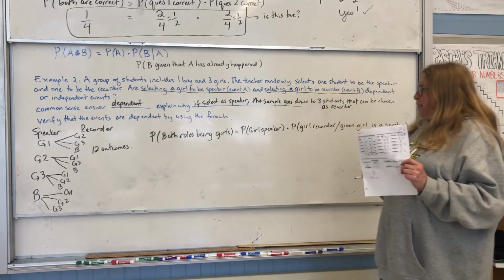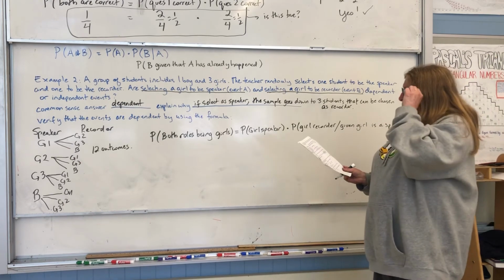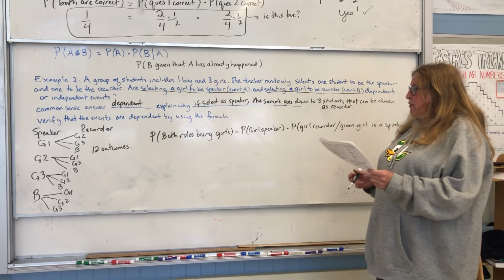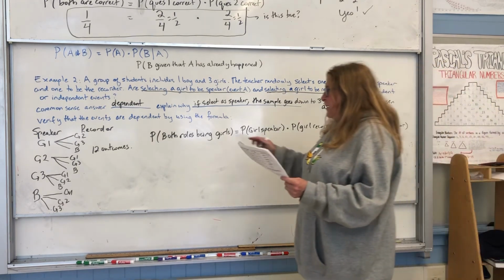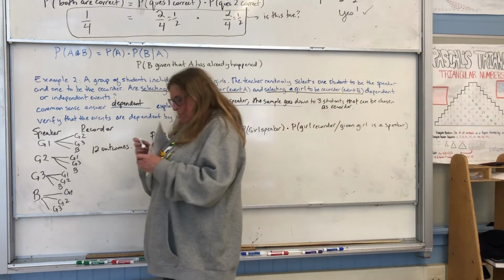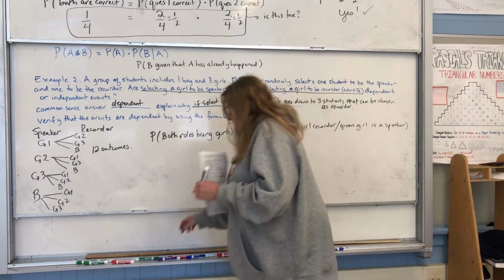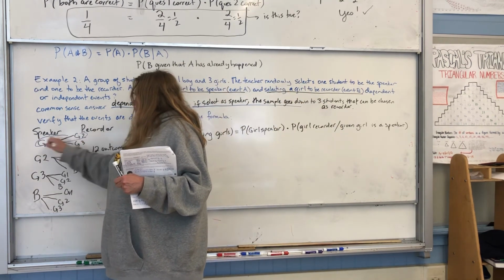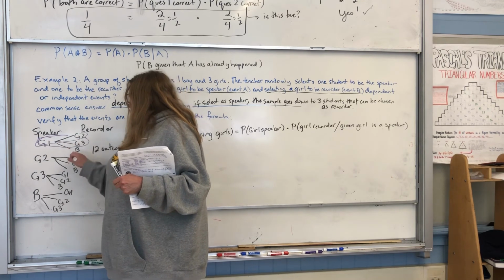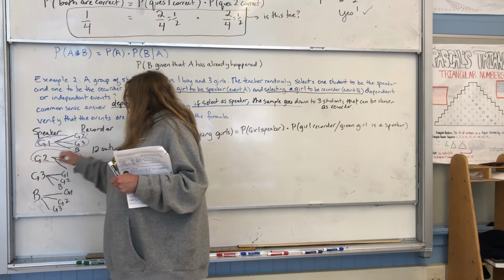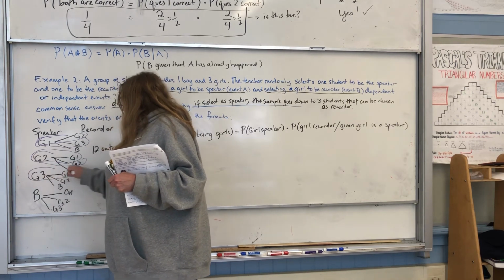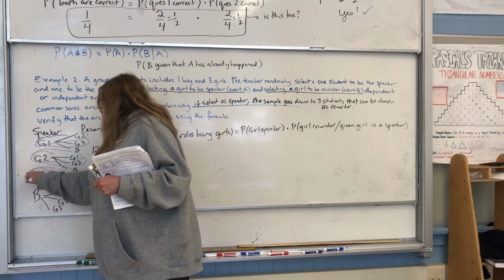Okay, guys, so let's look at this. The probability that they're both girls. Well, let's count how many are both girls. Maybe I'll underline or circle it. 1, 2, 3, 4, 5, 6.